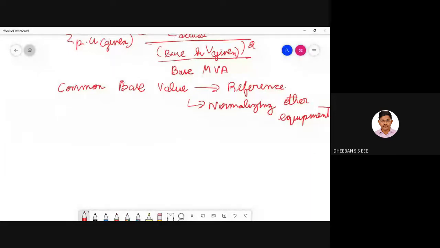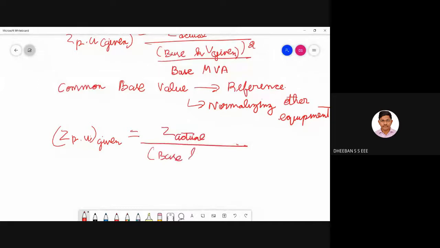Generally your Z per unit given will be equal to Z actual divided by base kV, but we are normalizing with respect to the selected base value.